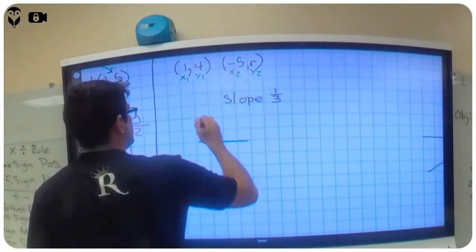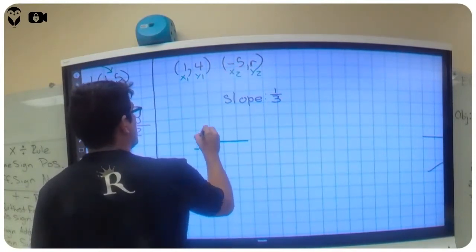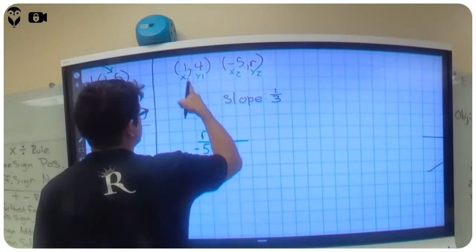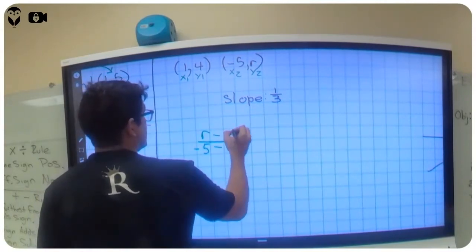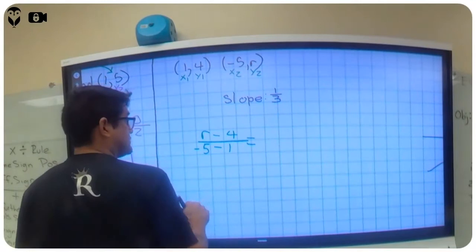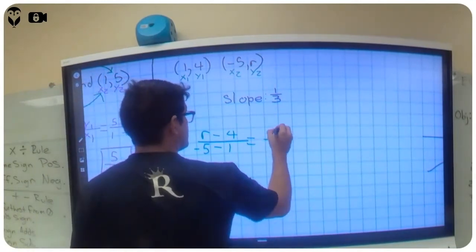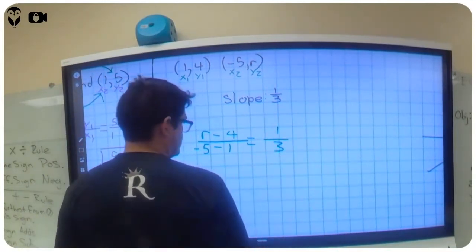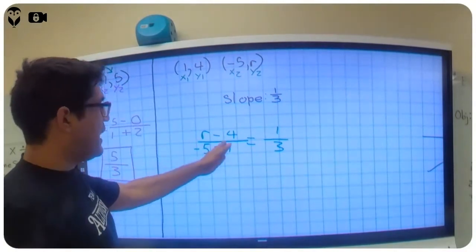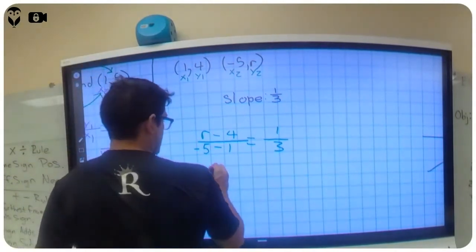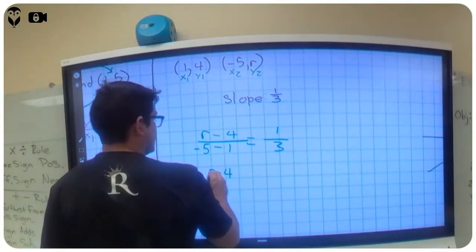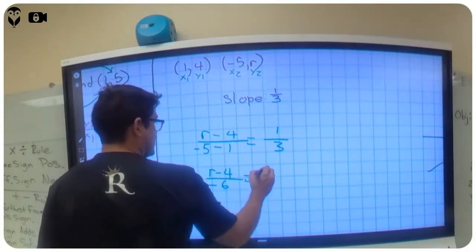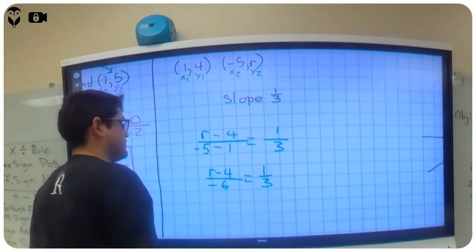So it's going to be these 2 in the front, negative 5, r, and then minus, minus, and then these 2 points, 1 and 4. And this has to make the slope 1 over 3. Now this bottom one, obviously, is going to make negative 6. So it's r minus 4 divided by negative 6 equals 1 over 3.